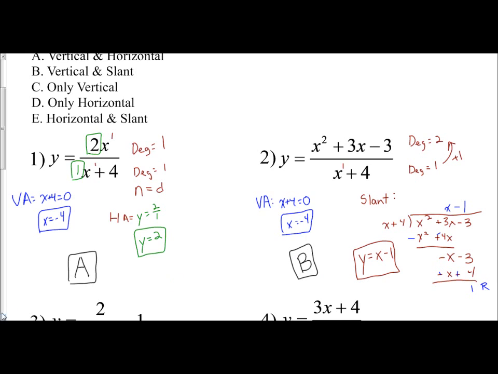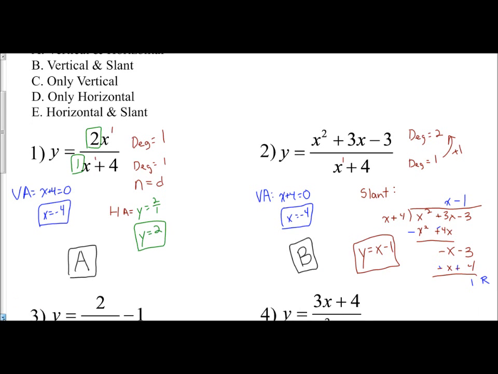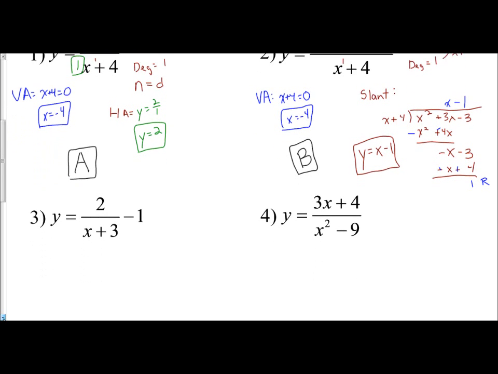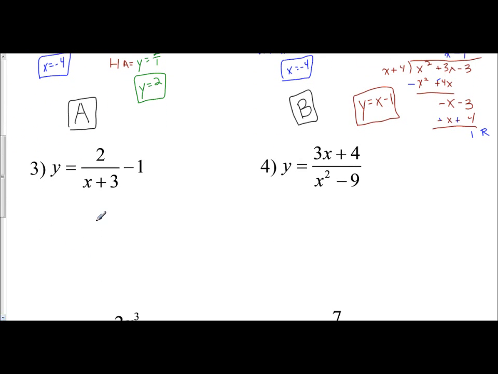Let's do the same thing for 3 and 4. Here I have 2 over x plus 3 minus 1. So I'm going to determine my vertical asymptote first. I'm going to set x plus 3 equal to 0, subtract 3, x equals -3.